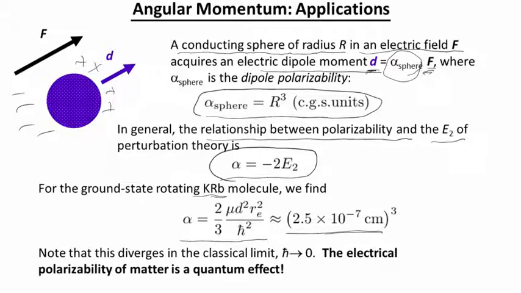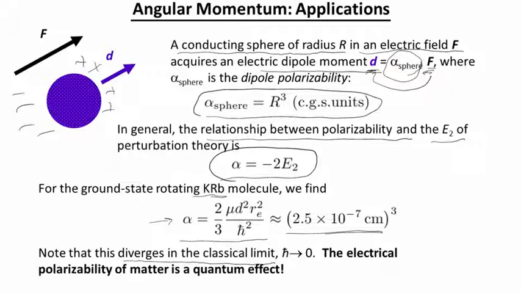Now, I want you to know the following interesting point, interesting to me. The polarizability, which is the ratio of the induced dipole moment to the applied field strength, actually diverges as one goes to the classical limit, taking h bar going to 0. So for a rotating molecule, if we lived in a classical world, the polarizability would be infinite.